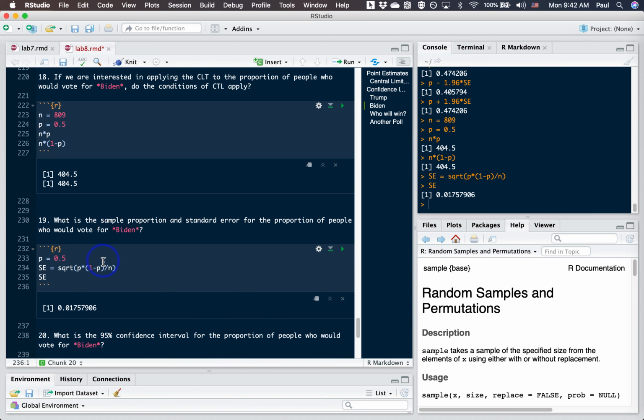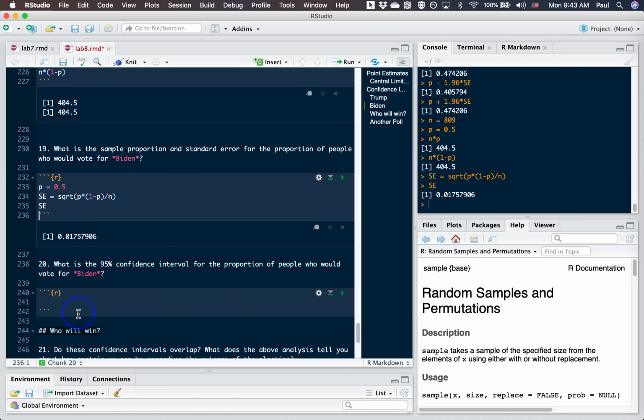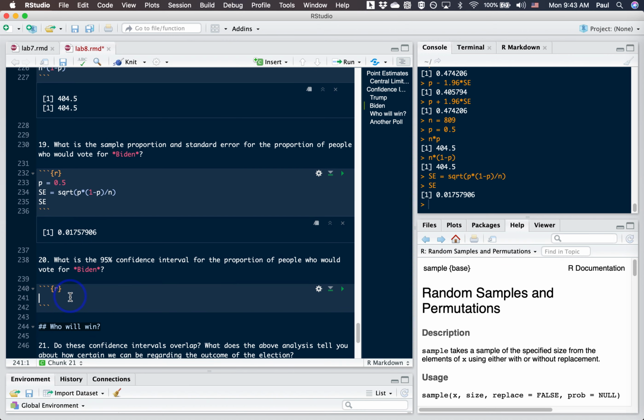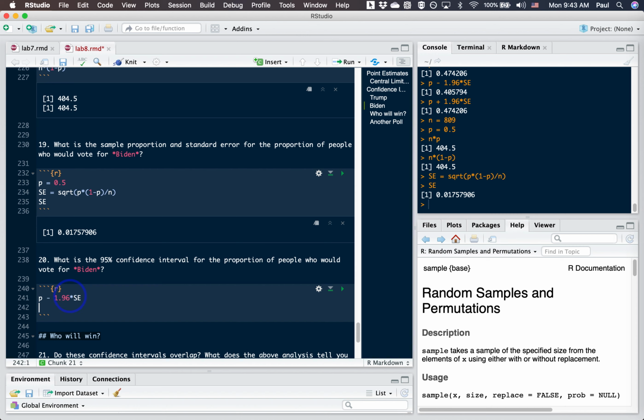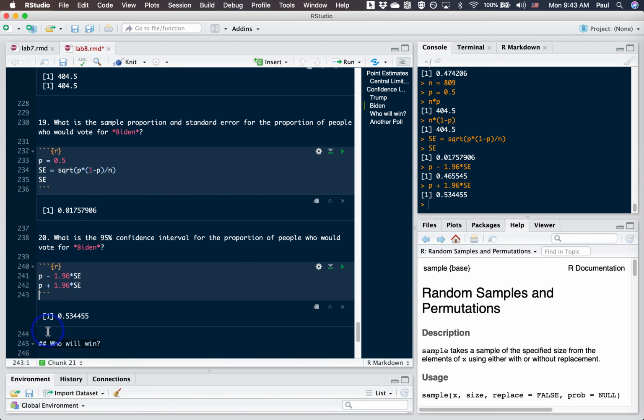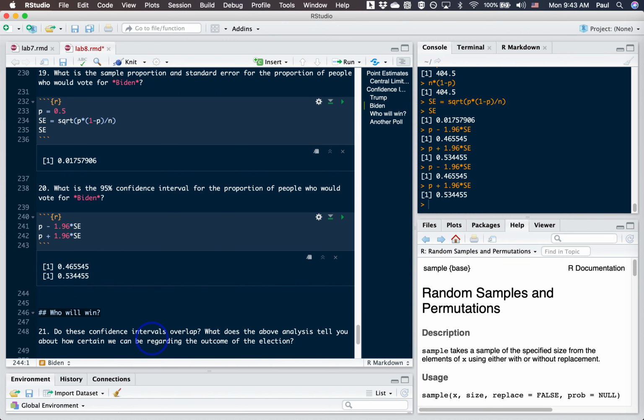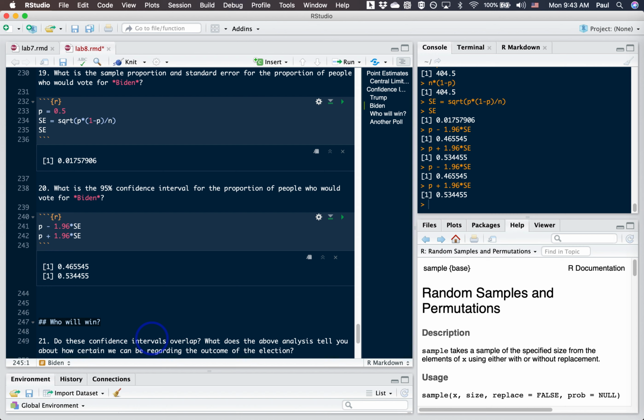And this tells us the standard deviation of the sample. So to construct the 95% confidence interval, we're going to do p minus 1.96 times standard error and p plus 1.96 times standard error. And this tells us the range that is likely: given our sample distribution, 95% of our samples will fall in this range.